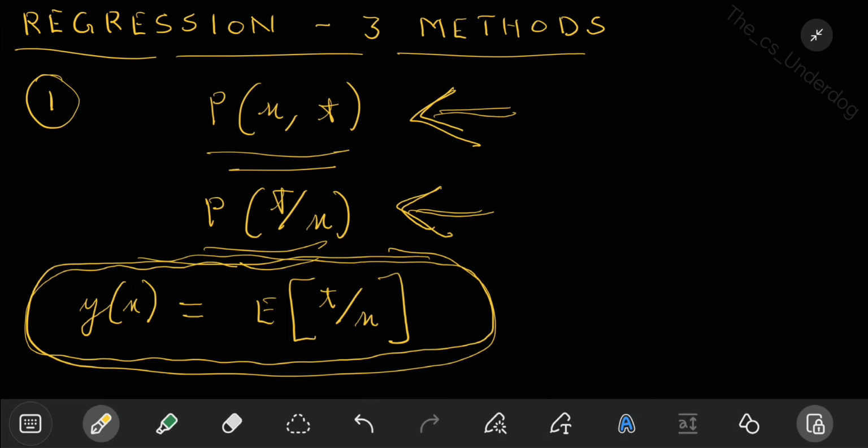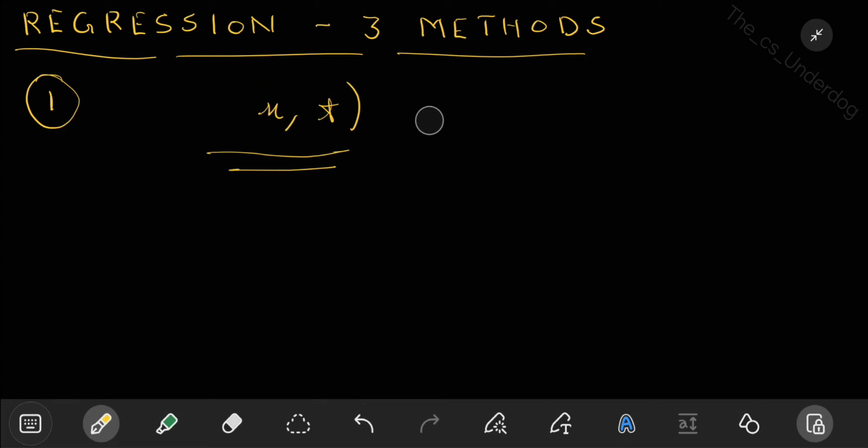Finally your aim is to reach y of x equal to the expectation of t given x. So that is the first method. The second method, you should be able to relate this exactly with the methods that we used in classification. I'm not explaining because whatever we explained there is applicable as it is in this case also. So it will be a repetition of everything.